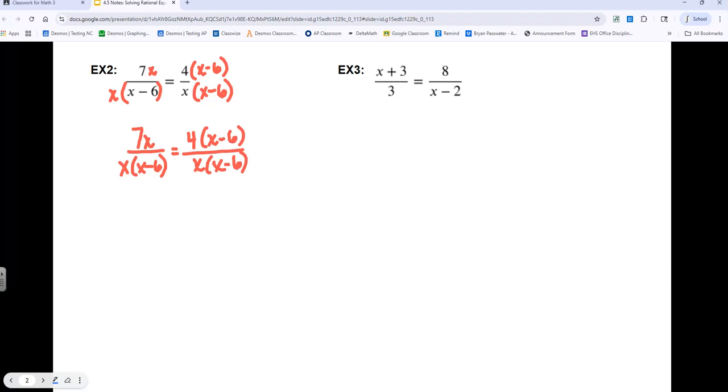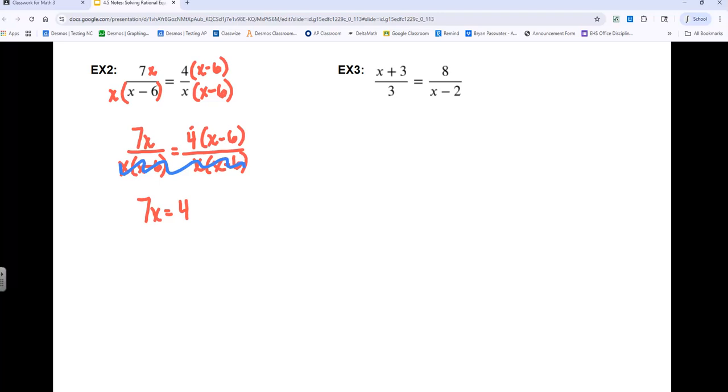Now, once the denominators are the same, what can I do with them? We can cancel them out because essentially we're multiplying by x times x minus 6. It just cancels them out, right? So that just leaves us with the numerator. So we've got 7x equals 4.